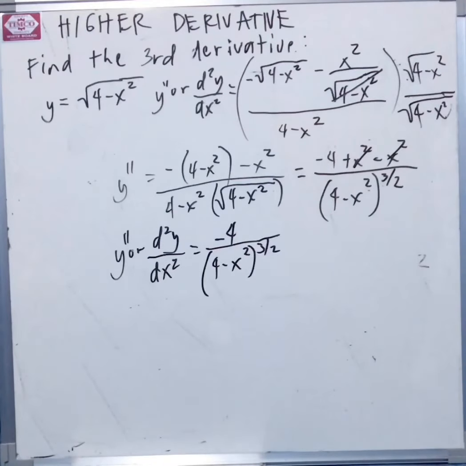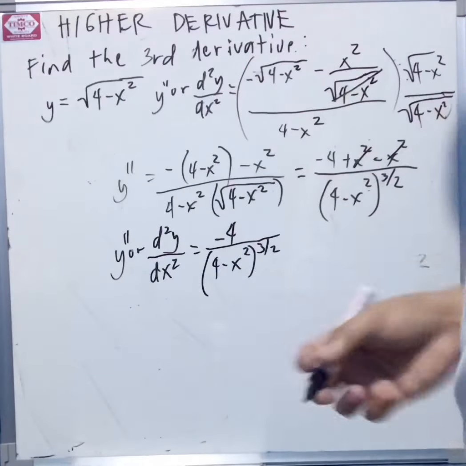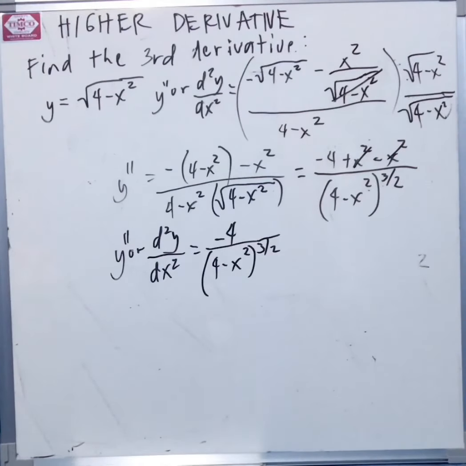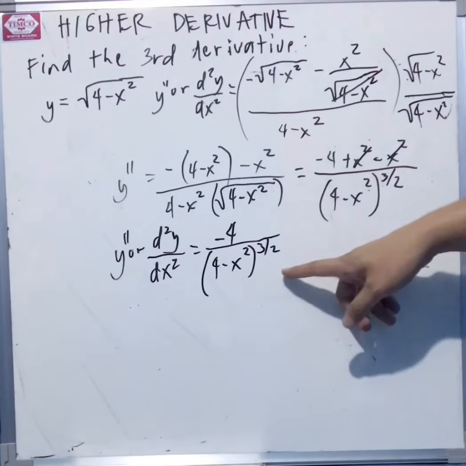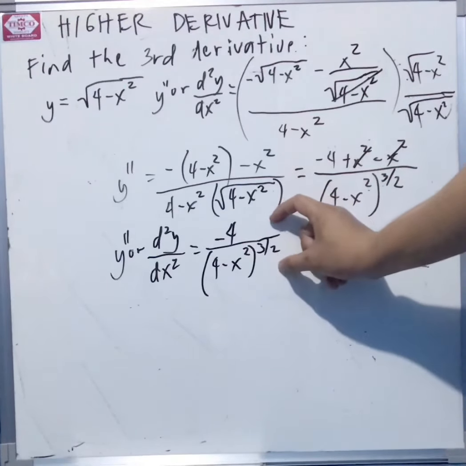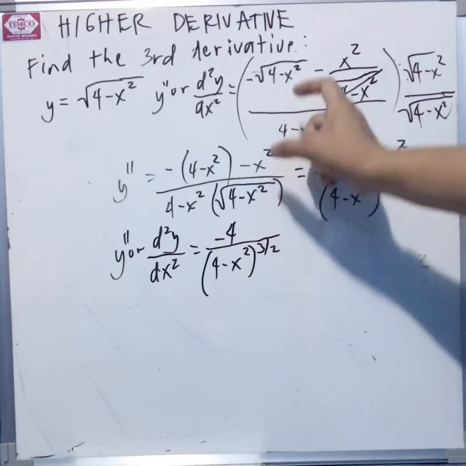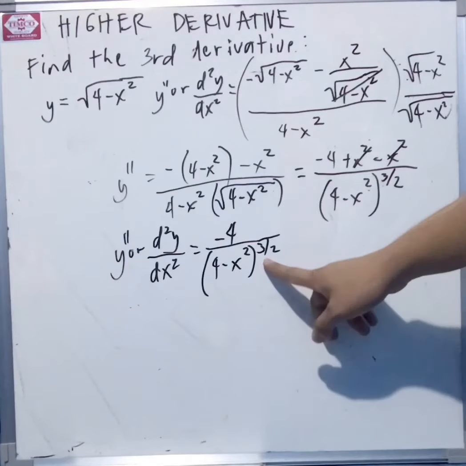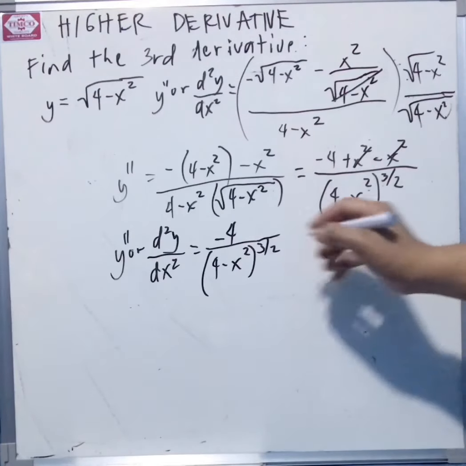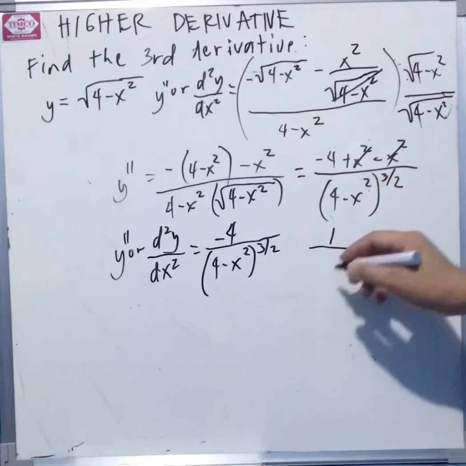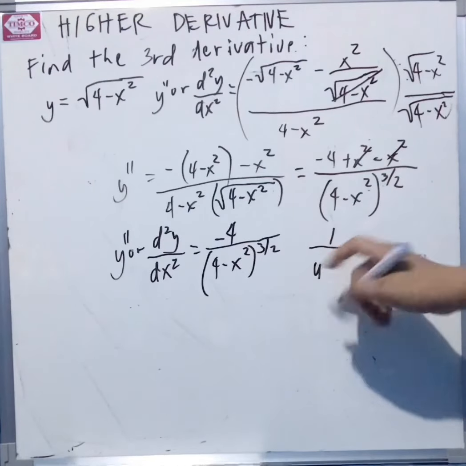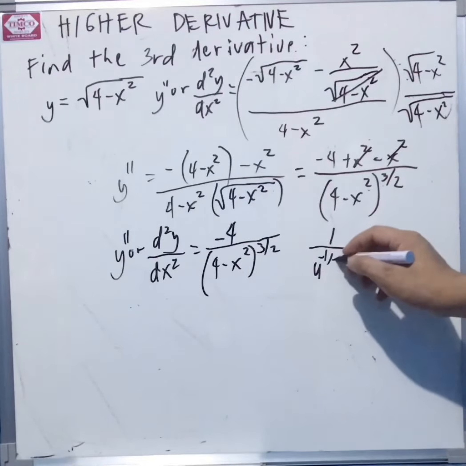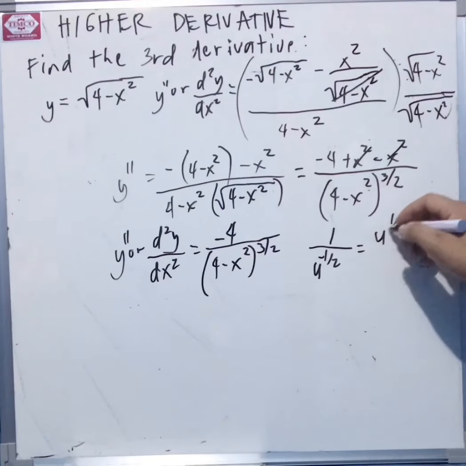Okay, so para kunin natin yung ating third derivative, no? We have to find our third derivative. Okay, so ito, para mas simple, pwede natin, kasi kung ito yung gagamitin natin, we can use quotient rule. Quotient rule. So, di ba? Sa previous lesson, we have 1 over u raised to negative 1/2 is equal to u raised to 1/2.